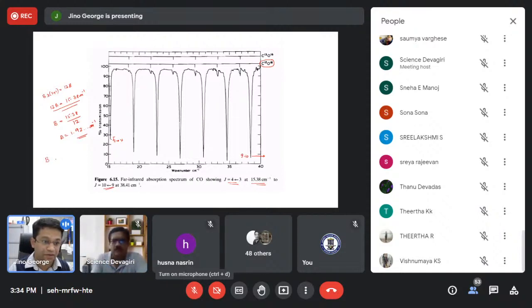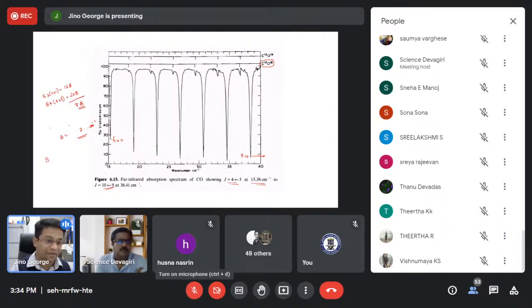There is something I made wrong here. This is not correct. Sorry, this is 12B, but we have to calculate the difference, right? So that's why I made it wrong here. So for the fourth level, it will be B into 4 into 4 plus 1. That will be 20B. The difference between these two is 8B.